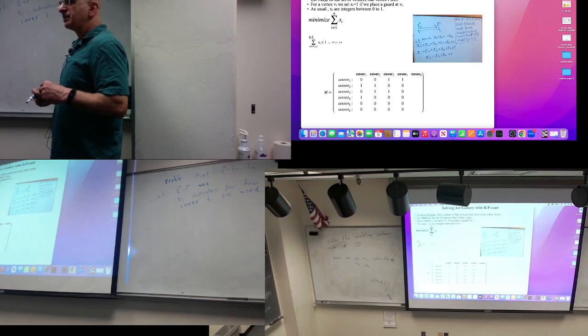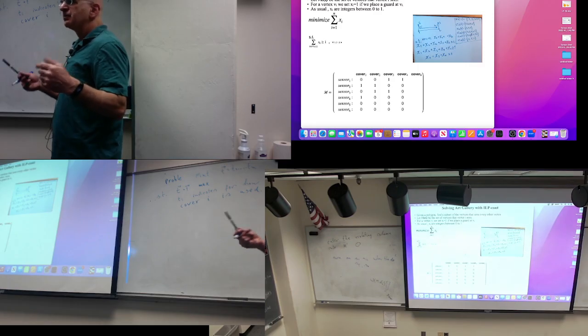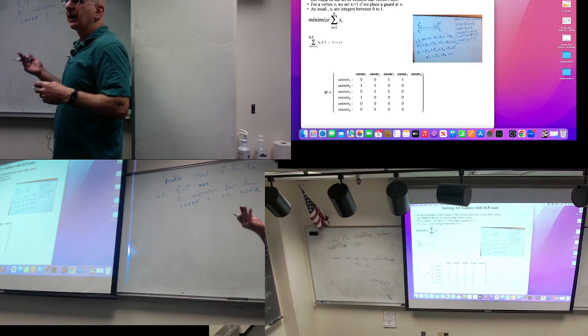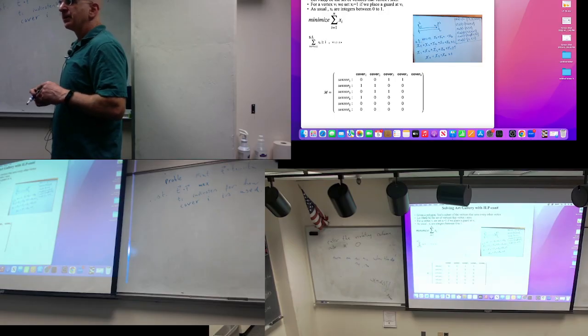Does anybody see whether it makes sense that you get more time if you're allowed to turn a sensor on and off more than once? I need to assume something about the maximum time. Let's assume that the maximum time is 1 hour per sensor. That's what the battery constrains.